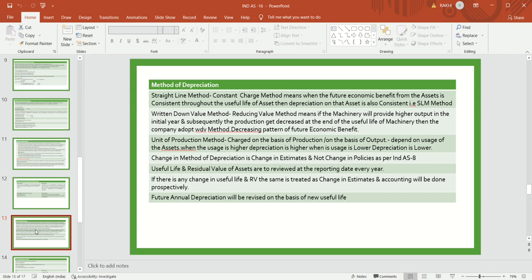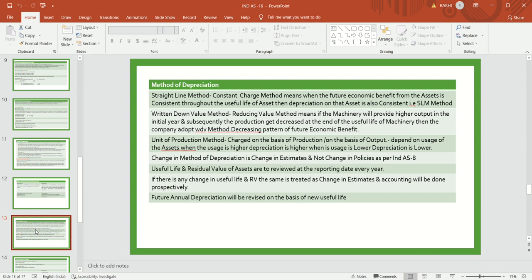Means the useful life of the asset is changed from 10 to 6 years. So it is a change in accounting estimates, and the change will be applied prospectively, not retrospectively. It will be applied prospectively on the remaining useful life of the asset.